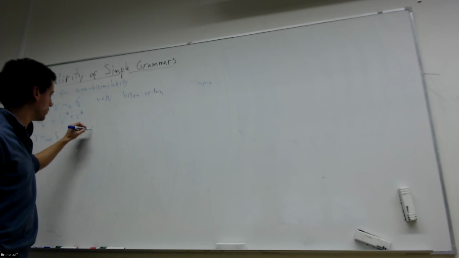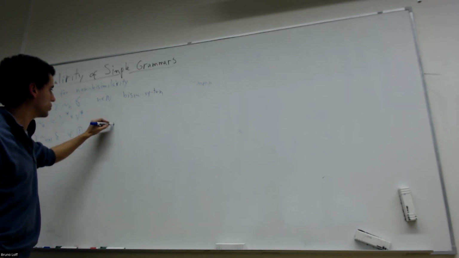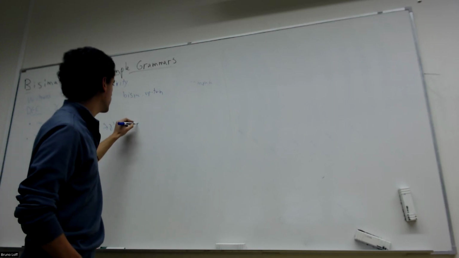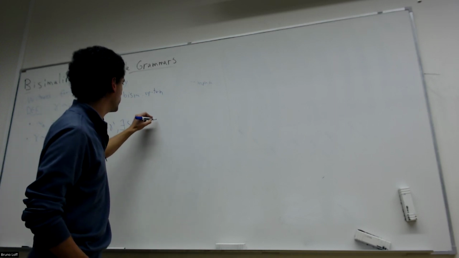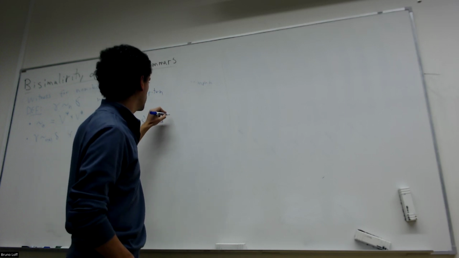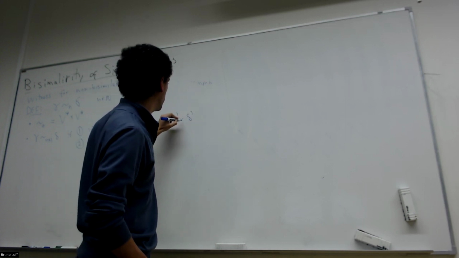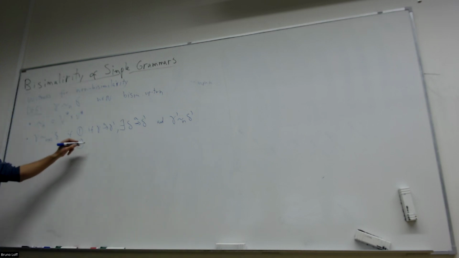So if gamma has a transition to gamma prime, there exists a transition from delta to delta prime, and gamma prime and delta prime are bisimilar up to n, and then you do the same thing for delta. The n has nothing to do with the size of gamma and delta. That's just the number of transitions.